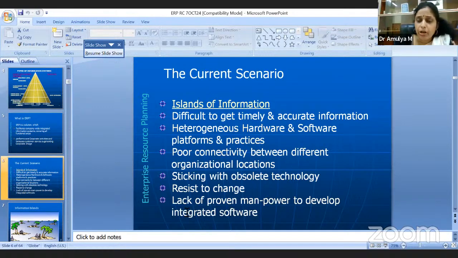So if the technology is old, if the operating system is older, if my apps are not updated, there may be a problem with the internet connectivity, with the telephony. All this can happen with the older system. There may also not be trained users.